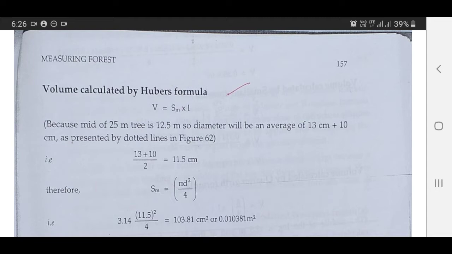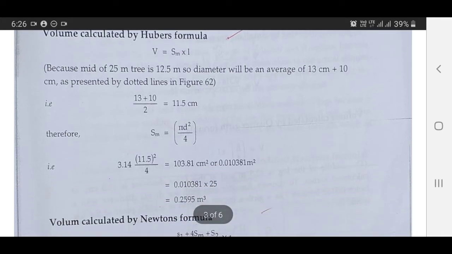Therefore, Sm is equal to pi d square upon 4, 3.14 into 11.5 whole square upon 4, it comes to 103.81 square centimeter. Now, this should be multiplied with length of the log, that is 25 meter, 0.010381 into 25, it comes to 0.2595 cubic meter.